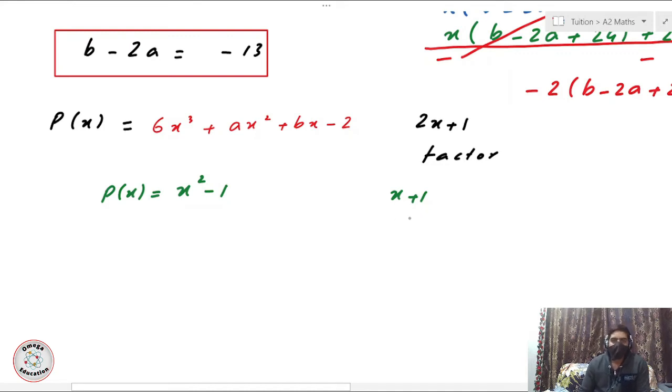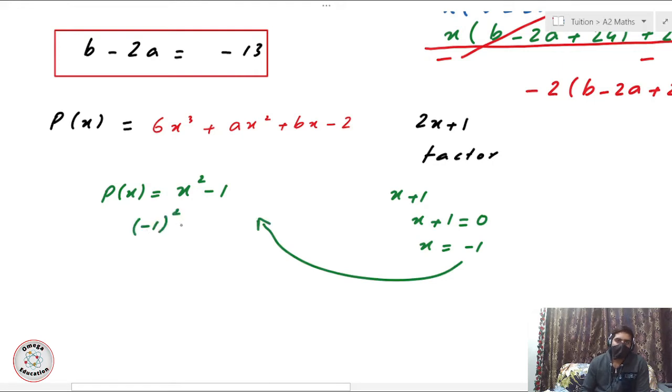Well, that means if you put the factor equal to 0, and obtain a value of x from there, and place the value of x back over here in the polynomial, you will get 0, because minus 1 squared minus 1, negative 1 squared is positive 1, and it would be cancelled out.